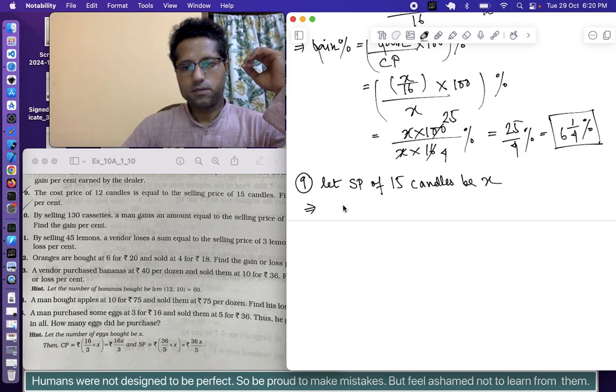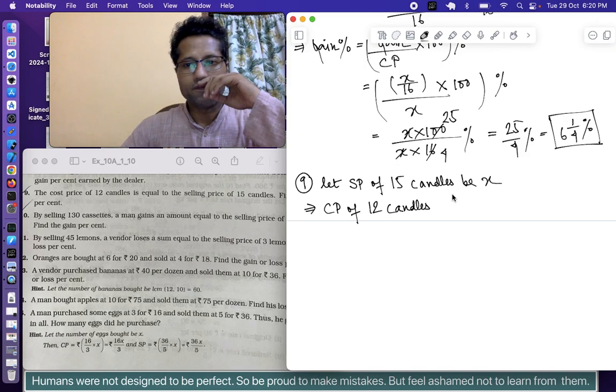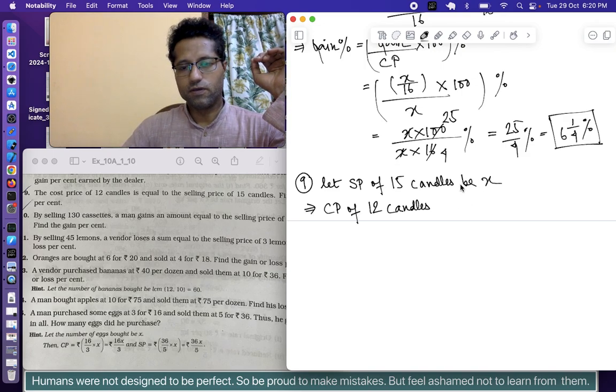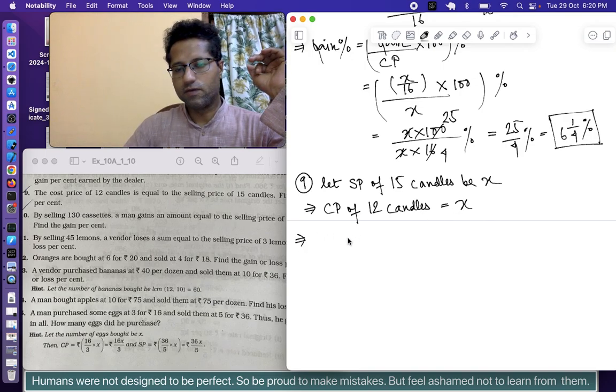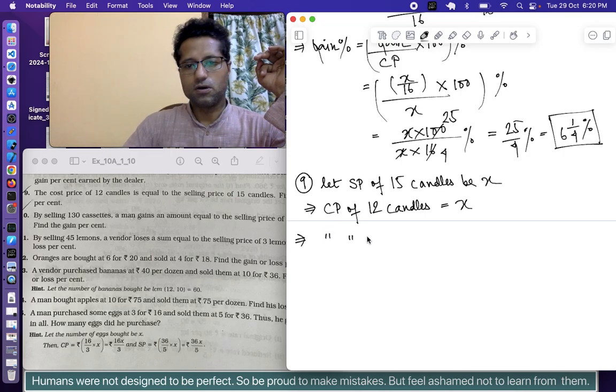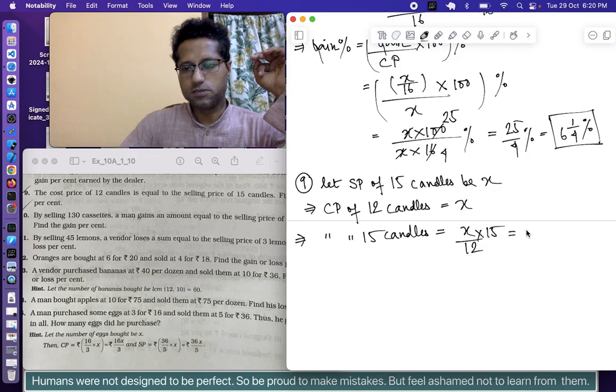This implies that the cost price of 12 candles is equal to x, since we have assumed the selling price of 15 candles to be x. Now if the cost price of 12 candles is x, then the cost price of 15 candles will be x by 12 multiplied by 15. This is equal to 15x by 12.